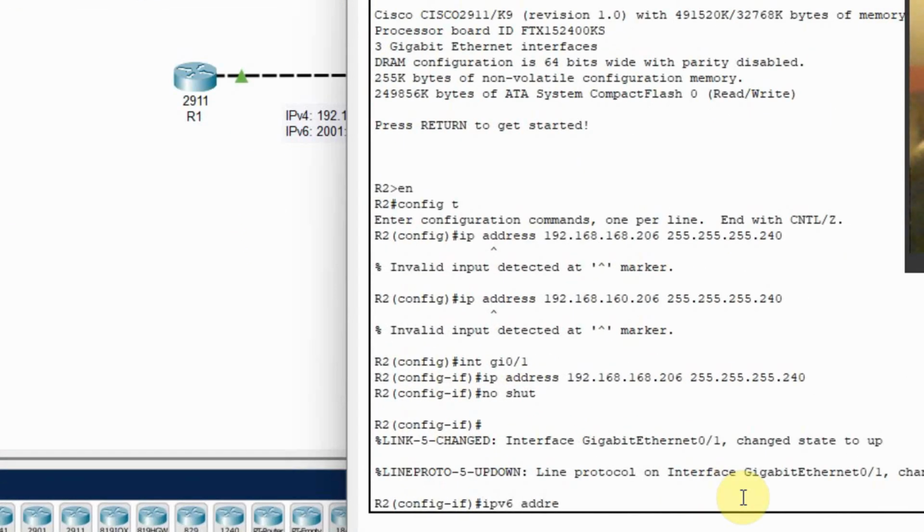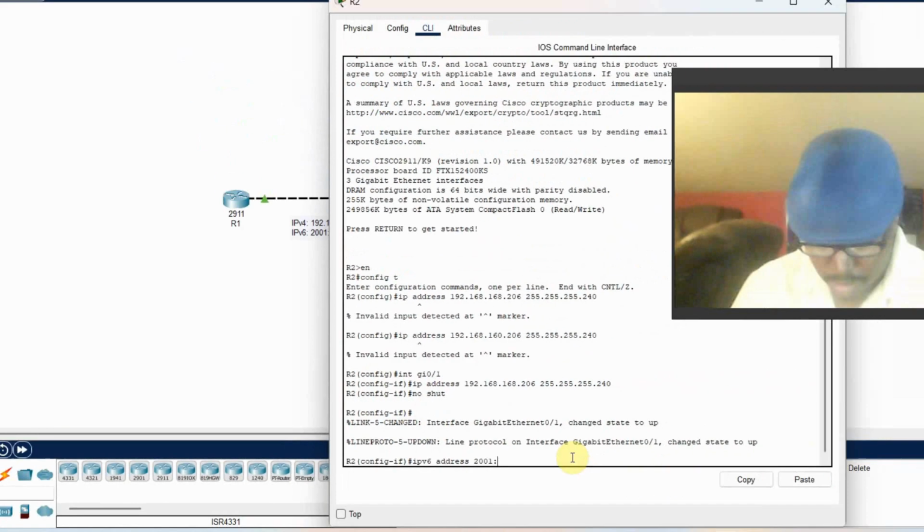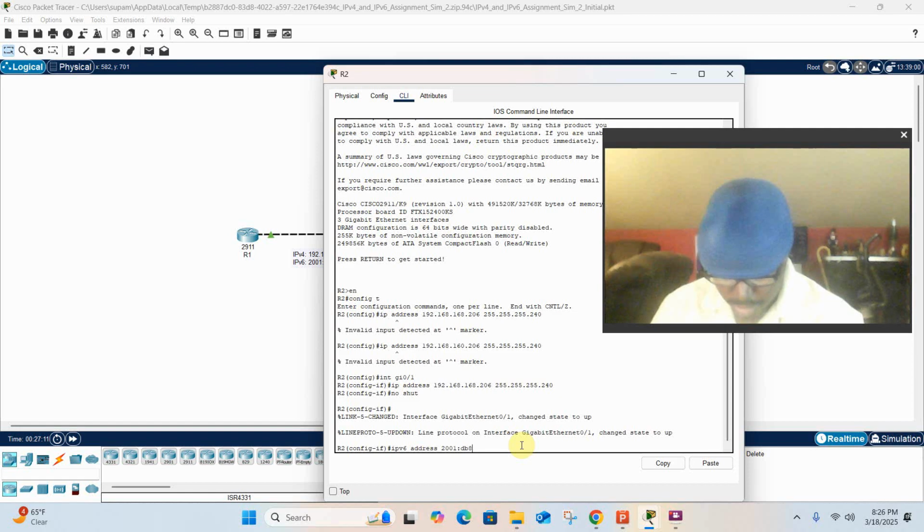Now for the IPv6 address. IPv6 address 2001 colon DB8 colon 12 colon. The last one was 61, so we're going to use 1, 2, 3, 4, 6. It's going to be 67.